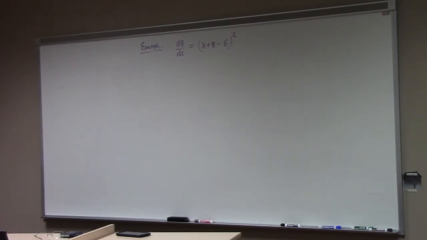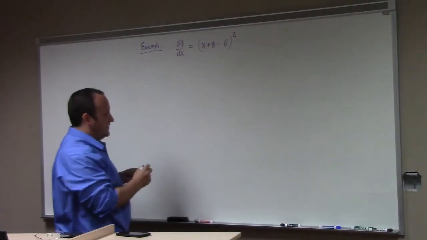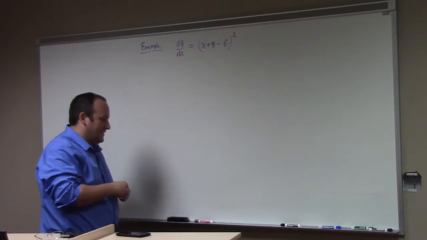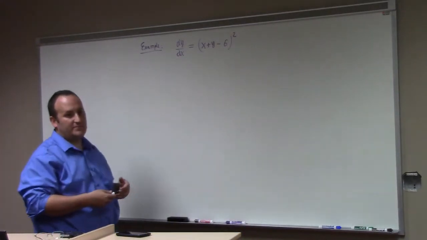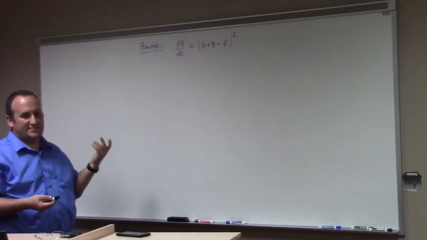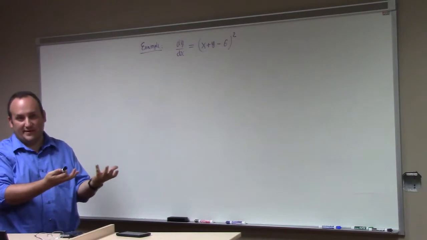In this case, this is almost on the cusp of something I could reasonably assign on a test and just let you figure it out for yourself, because the substitution kind of screams at you what you should try. What would it be?